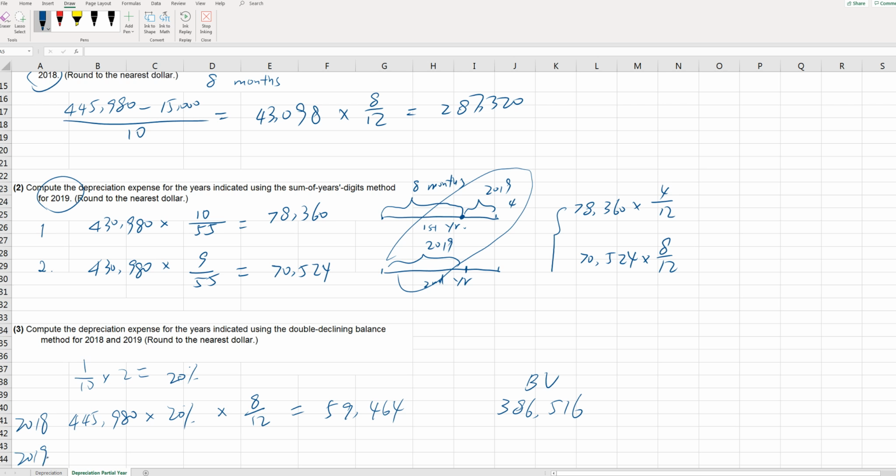So for 2019, we're going to start with my remaining book value and multiply by 20%, and there's no partial year fraction because 2019 is a 12 months depreciation. And we're going to get around $77,303 depreciation for 2019. And we can get the book value after that.